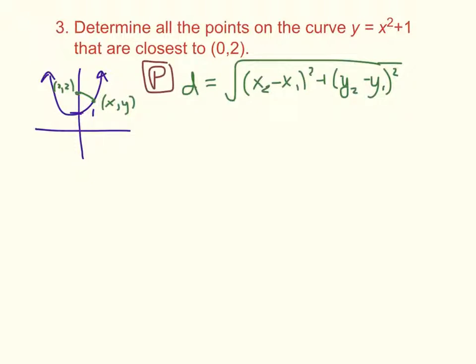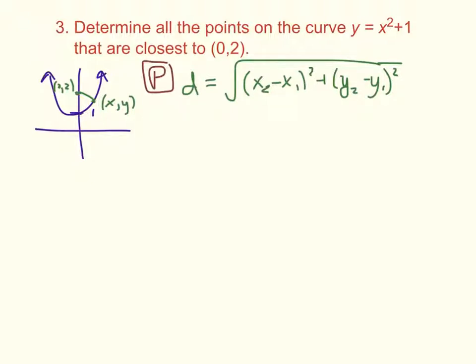Now, the nice thing about using this for calculus, and this is something you have to memorize, is that you don't need to use the square root. And there are reasons for that. When you actually do the calculus part and do the derivative, you'd have to do the chain rule and all that, and the denominator ends up being a quantity that's always going to be rejected.